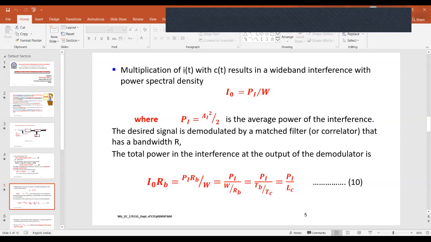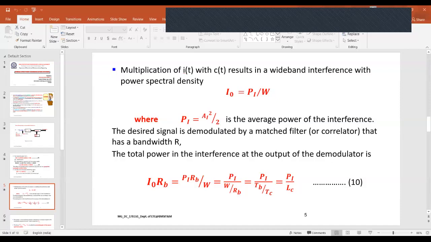See, I naught is the power spectral density of the interference signal. R_B is the bit rate of the information signal, right? So I naught into R_B, which is equal to, I am substituting I naught as P_I by W. So I can write this as P_I into R_B divided by W, right?